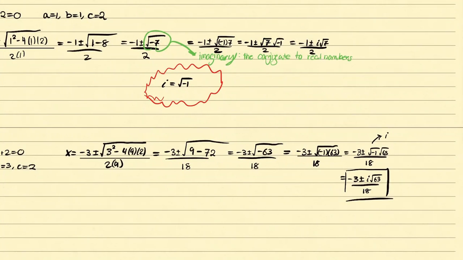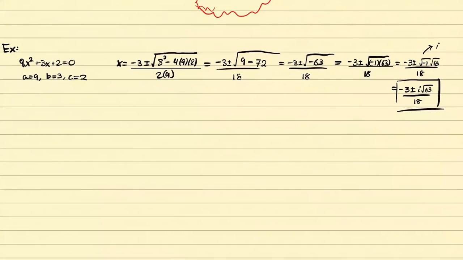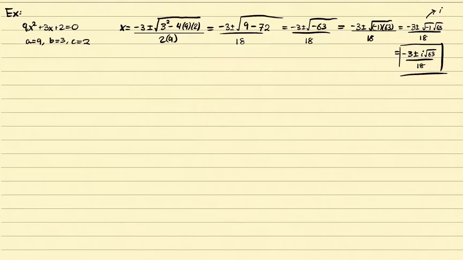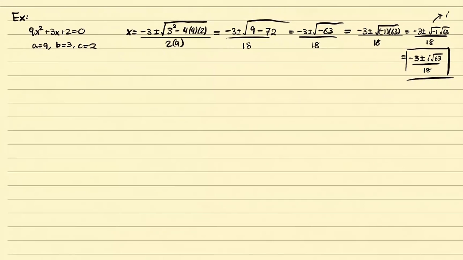So if you notice though, I was actually able to predict the type of solution I got based on what was inside the square root. And that is actually a really powerful technique for us. I'm going to give this a section: the discriminant.